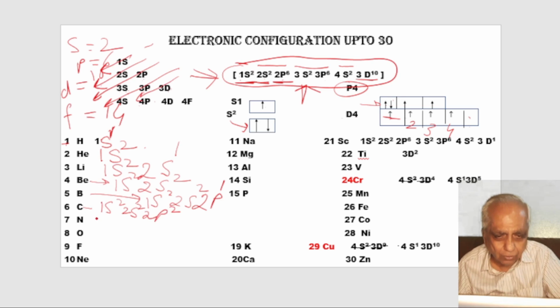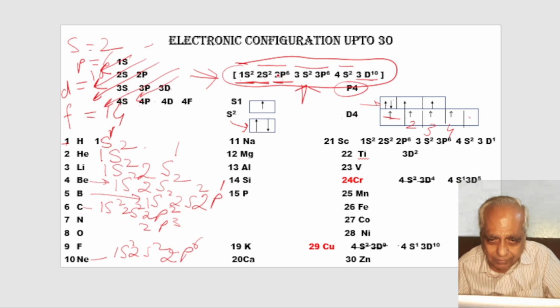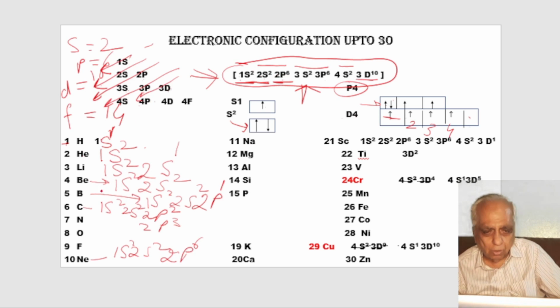So 6 electrons. So this 7, this will become 2p3. This will become same. And last neon would be 1s2, 2s2, then second orbit I can have more 2p6. You can have a look from here. Yes, then it is 2p6. So first 10 I have filled up. So this is how electronic configuration can be written.